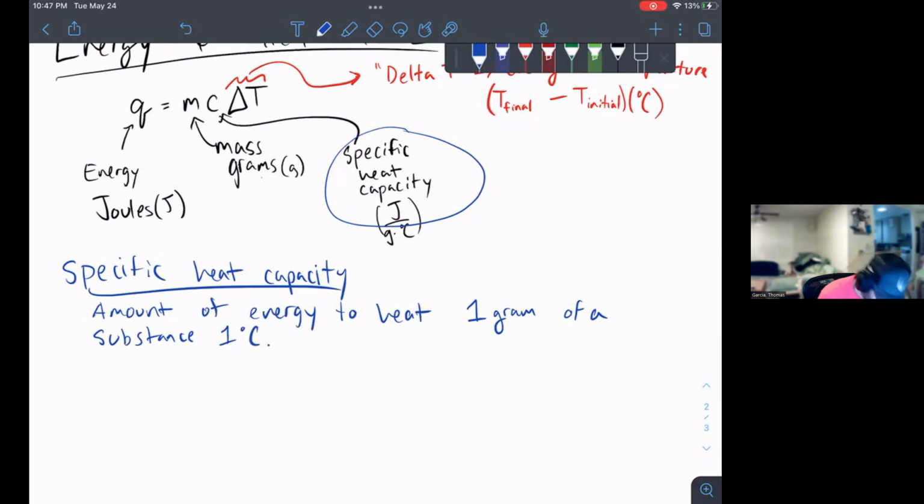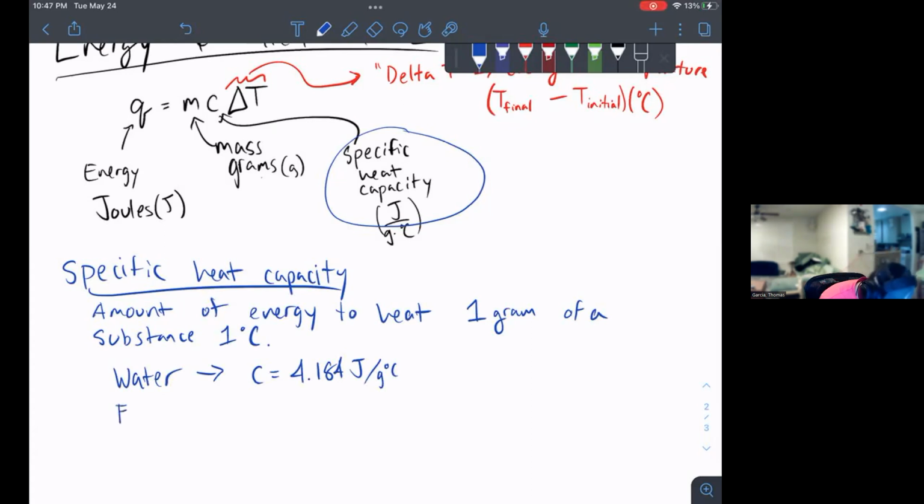So, for example, water has a C of 4.184 joules per gram degree Celsius, which means it takes about 4 joules of energy to heat 1 gram of water 1 degree Celsius.